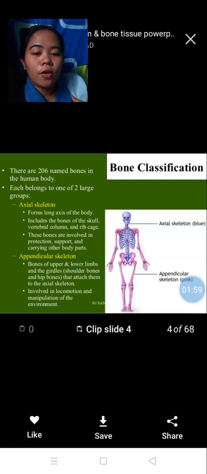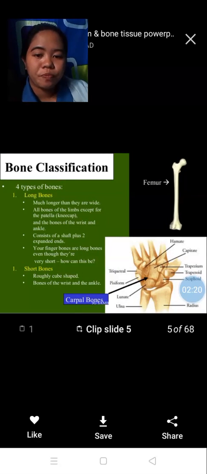These bones are involved with protection, support, and carrying our body parts. The appendicular skeleton includes the bones of the upper and lower limbs, and the girdles, shoulder bones and hip bones, that attach them to the axial skeleton. It is involved in locomotion and manipulation of our environment.